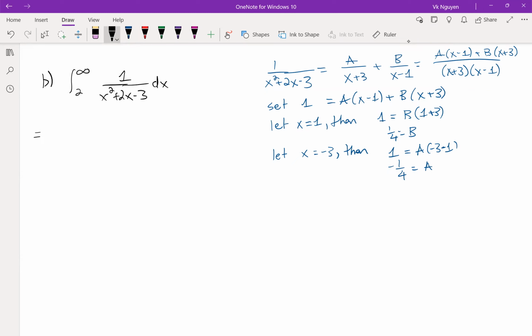Now we can do two things here. First, because infinity is not a real number, we're going to replace it by t, and we take the limit as t goes to infinity.